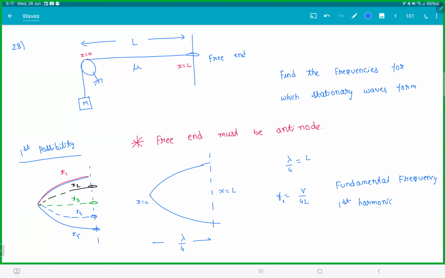How does the second possibility look like? Have a look at this page. So this will be V by 4L. V by 2L is when both the ends are fixed.